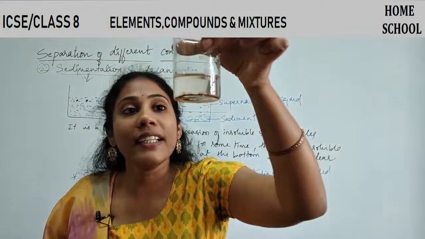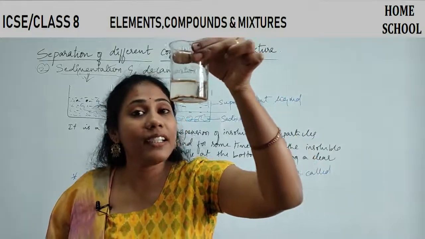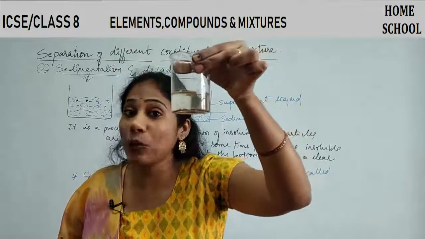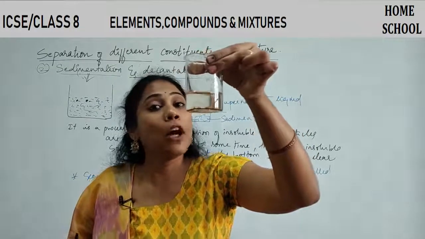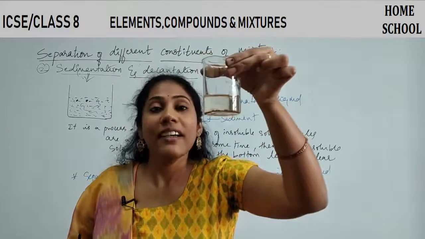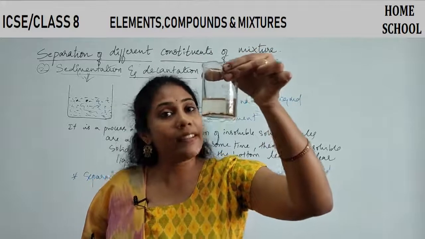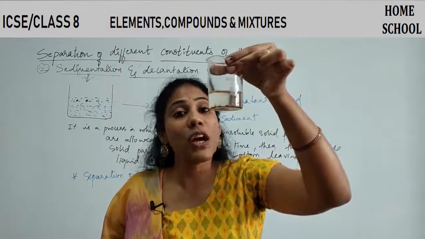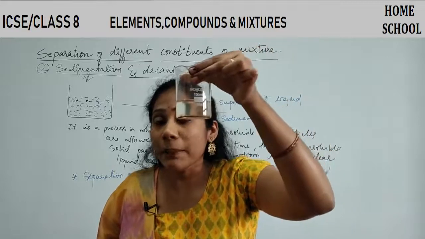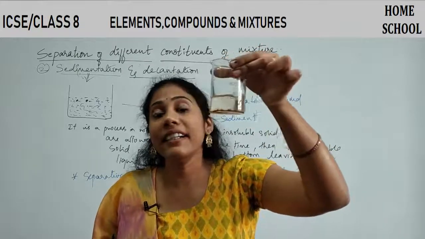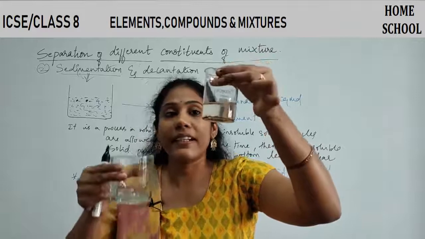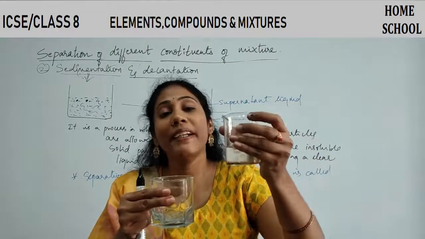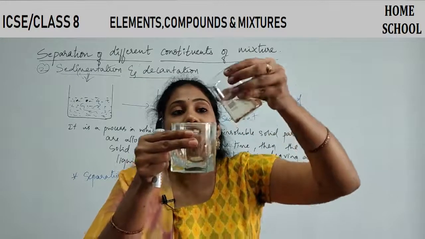Here, all that sand, mud and dirt, the insoluble solid particles, settled down at the bottom, and on the top you have clear liquid. So now I have to separate this liquid from that sediment. The insoluble solid settled at the bottom is called sediment, and the clear liquid on top is called supernatant. So I will separate that sediment from supernatant just by decantation.